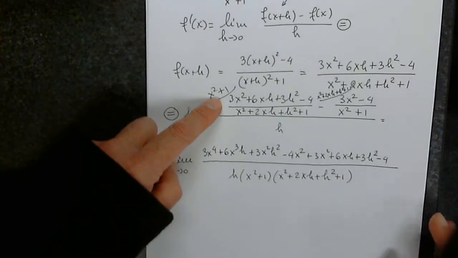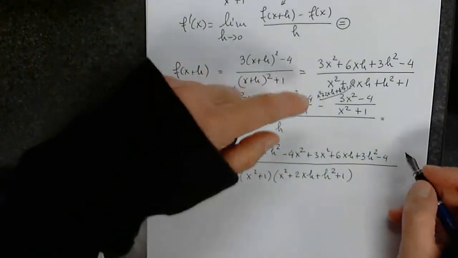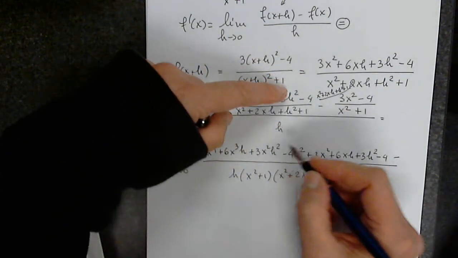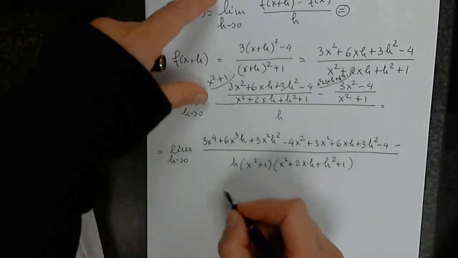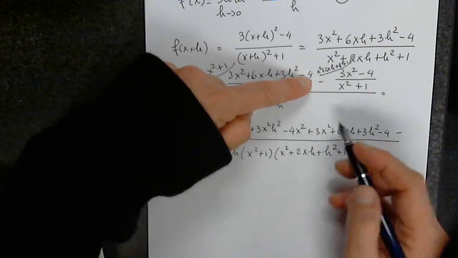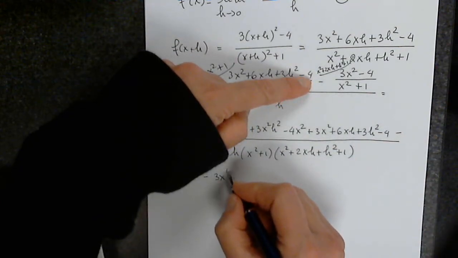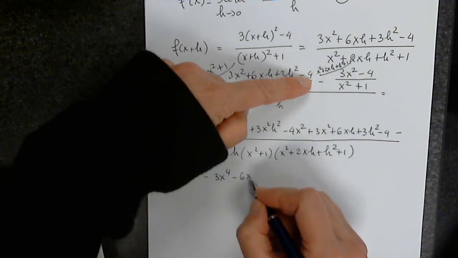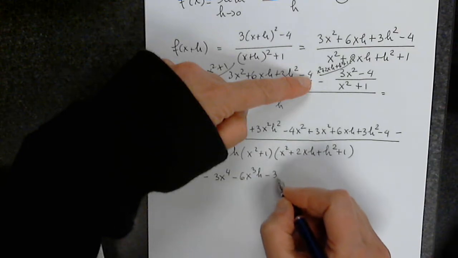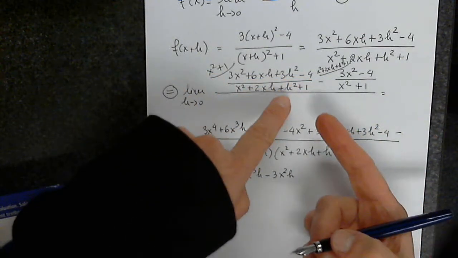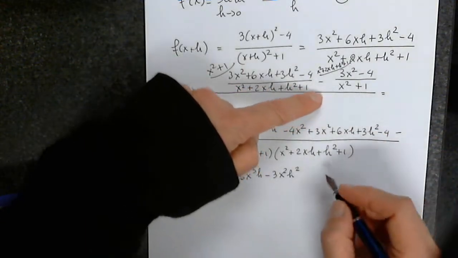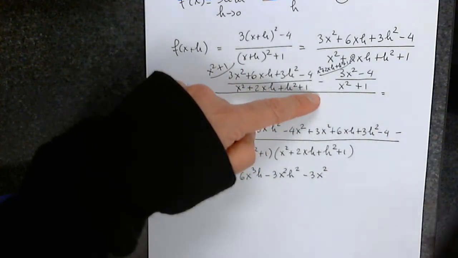Now, minus 3x to the 4th minus 6x cubed h minus 3x squared h squared and minus 3x squared.